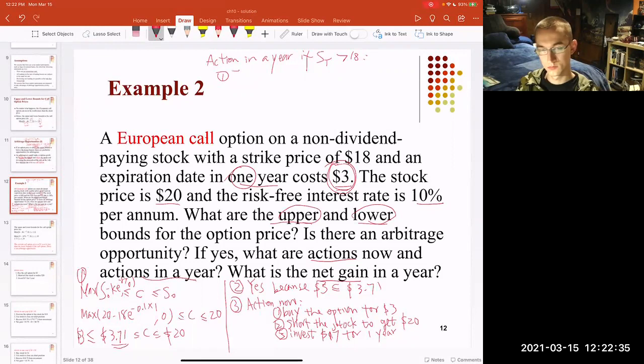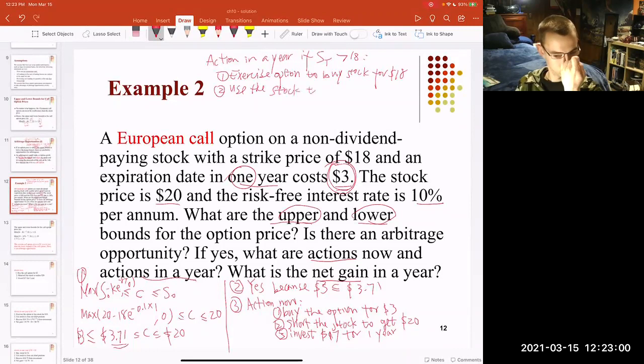So you can exercise the option to buy stock for the strike price 18, right? And once you buy the stock, you use the stock to close out the short position, because you take the short position at the beginning.